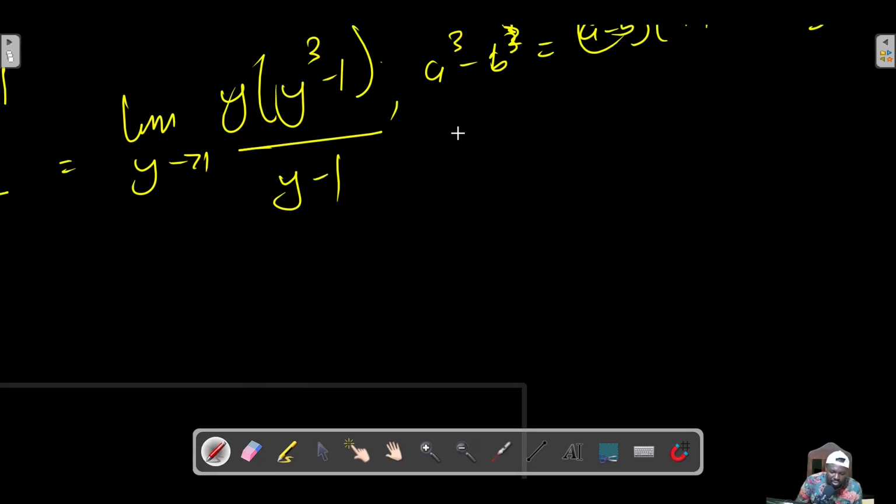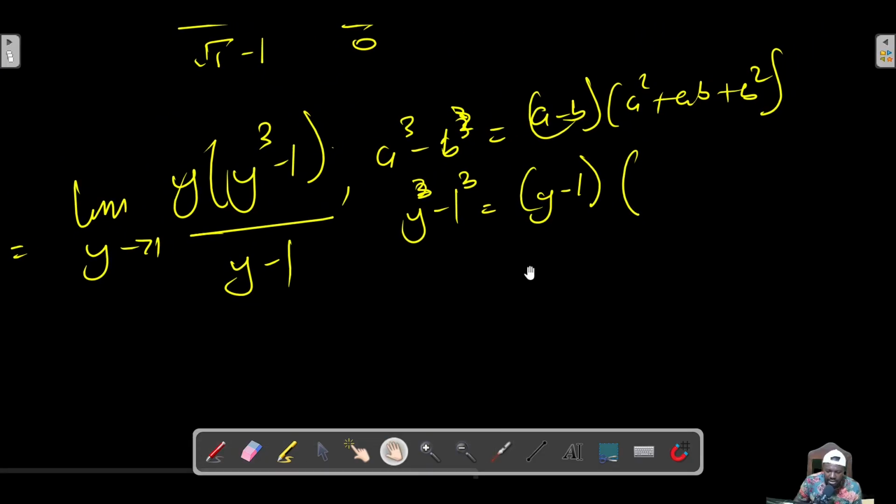So my y cubed minus 1 can be written as y cubed minus 1 cubed, which is equal to y minus 1 in parenthesis, that is y squared plus y times 1, plus 1 squared, which is 1. So I substitute in this with this expression.